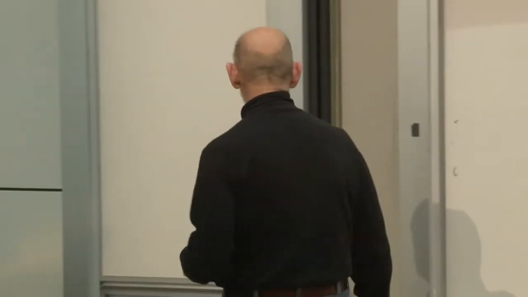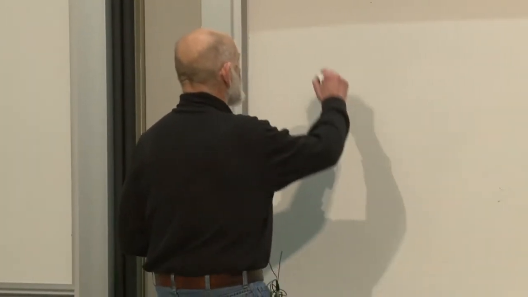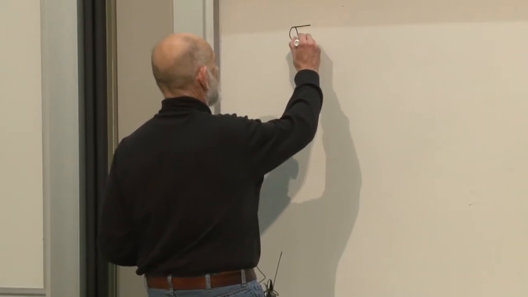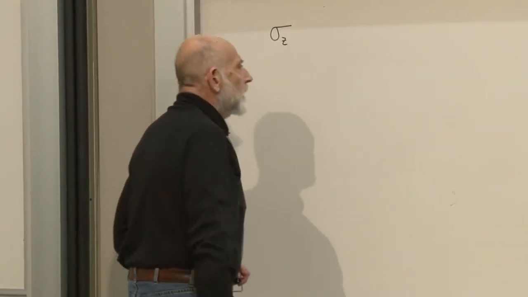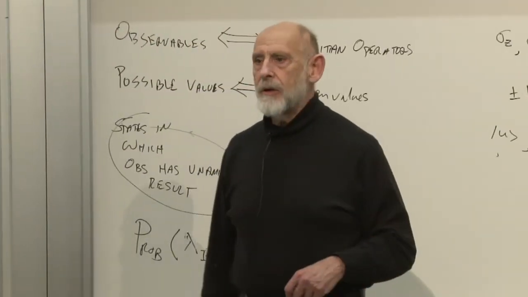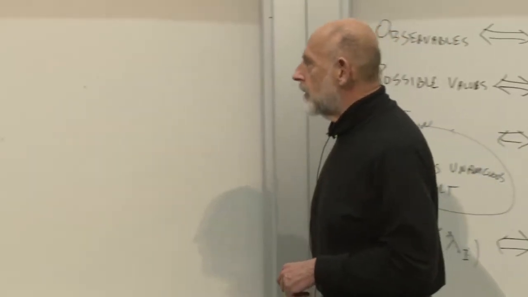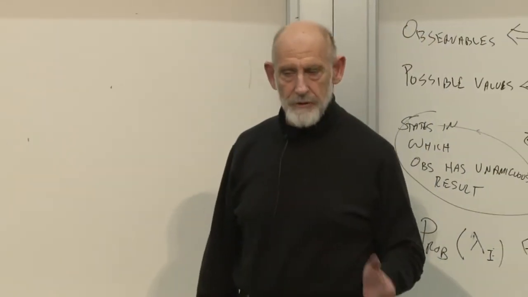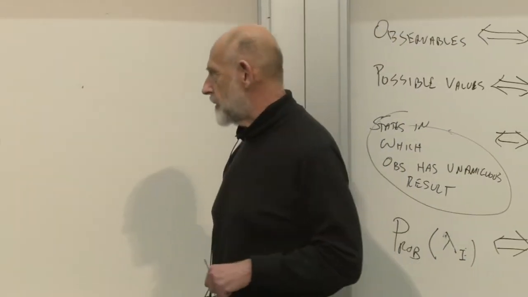All right. So I want to start with the three observables, sigma x, sigma y, and sigma z, and see what I can learn about them. First of all, sigma z. Now let's start in the basis associated with the measurement of the spin along the z-axis. Let's take that as the appropriate basis.